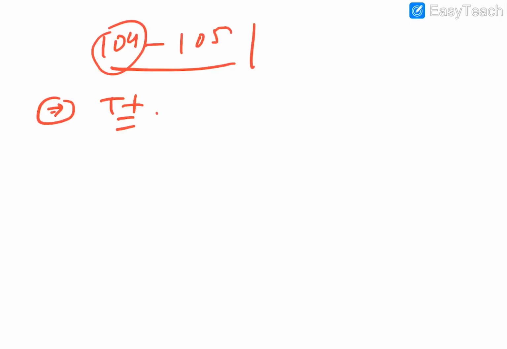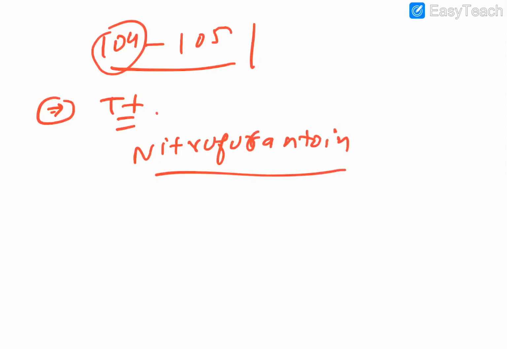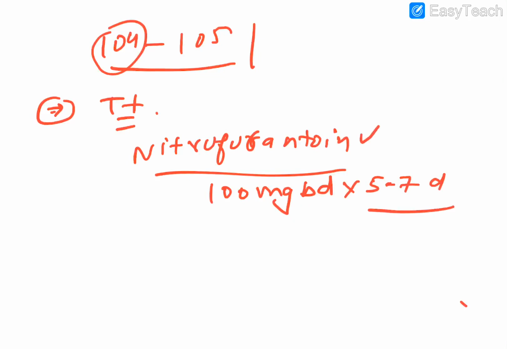Okay, you can go for nitrofurantoin. That is in the treatment one, which is being used commonly nowadays also. Okay, and the dose of it is what? 100 milligram BD, 2 times in a day. For how much time? 5 to 7 days. And it is found to be highly effective still now. Okay. So remember guys, nitrofurantoin is a good drug here.